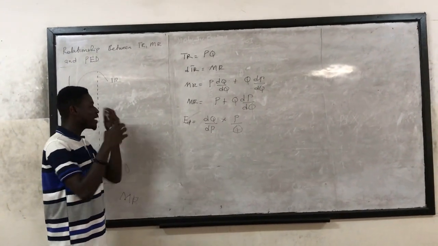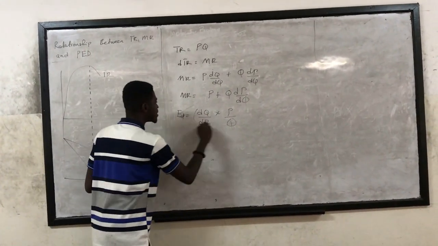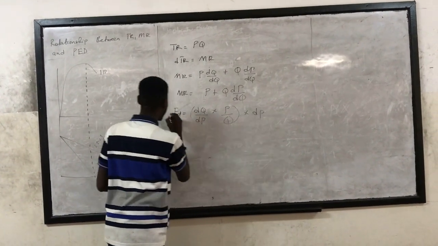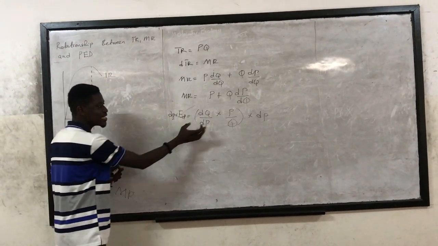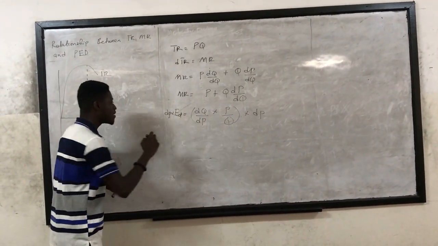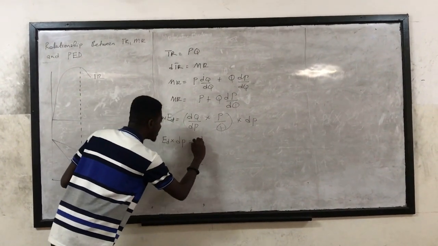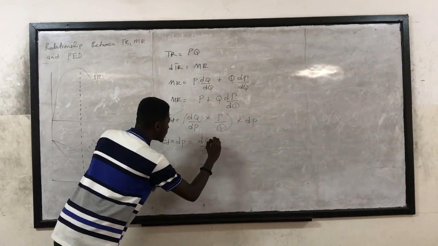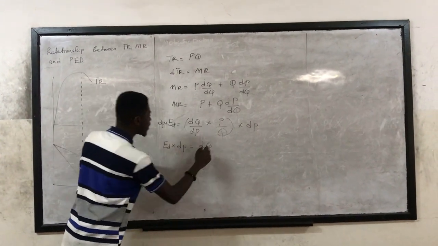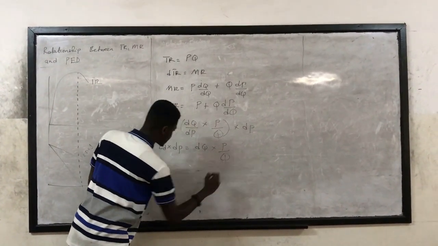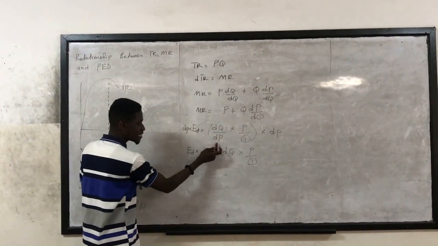First, multiply the equation by dP. So the whole equation is multiplied by dP, and then this is also multiplied by dP. Right? Doing this, you realize that this dP and dP will cancel out, and then you'll be left with elasticity of demand times dP is equal to dQ times P over Q. So the dP is gone because this cancelled out.